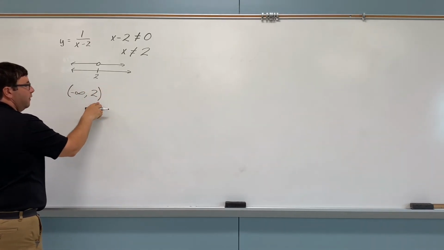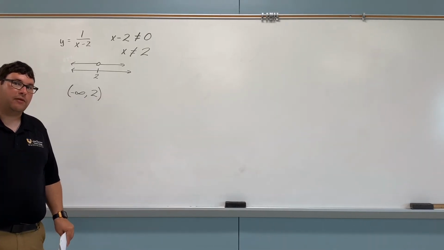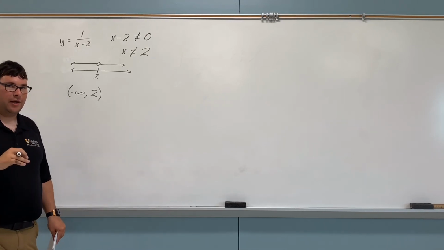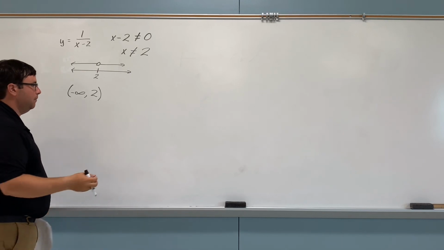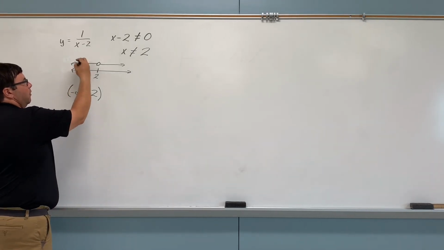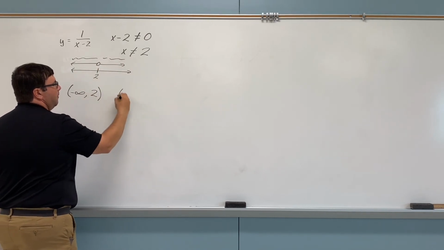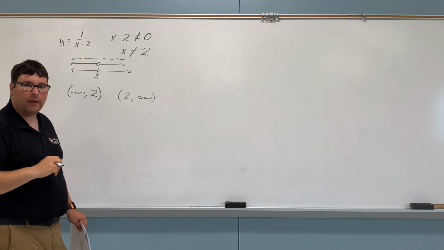I'm using a parenthesis because I cannot include 2. Remember, a square bracket means you can include that value, but a parenthesis means you cannot include that value. Since x cannot equal 2, I cannot include it. So this explains this part right here. But what about that part being 2 to infinity and beyond, as Buzz Lightyear would say?